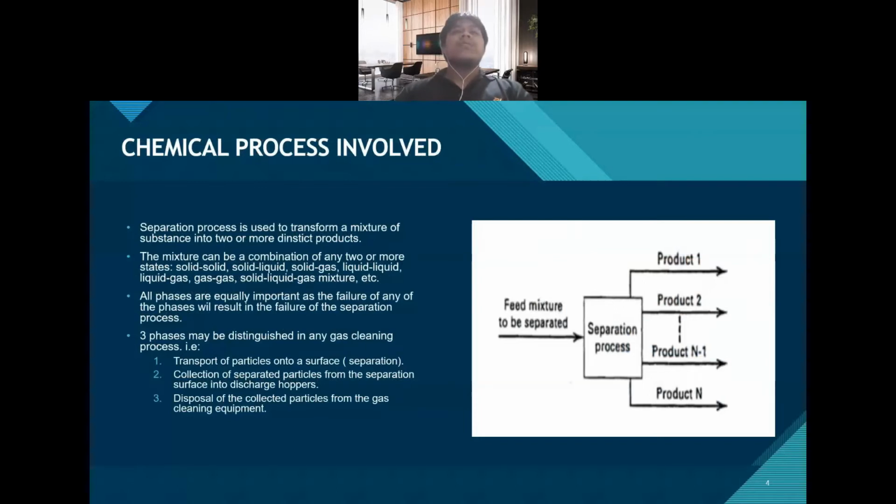The chemical process involved in gas solid separation. The mixture can be a combination of any two opposite states.